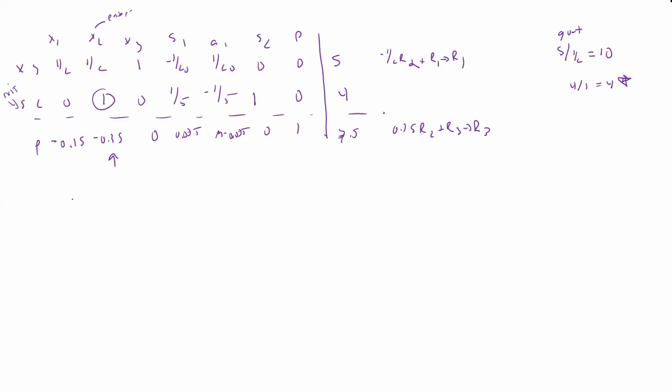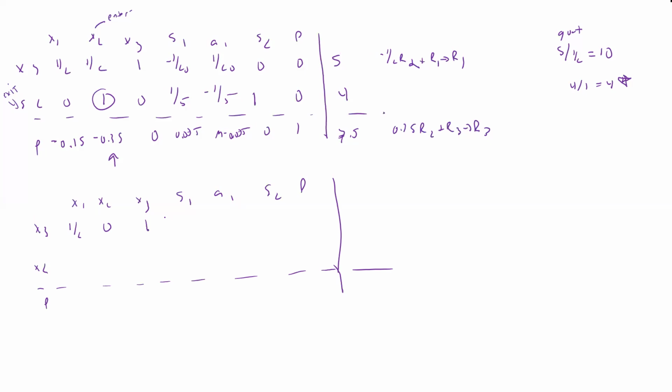Okay. And so this one enters and this one exits. And so now I have x1, x2, x3, s1, a1, s2, p, and we have now x3, x2, p. All right, so first row doesn't do much except for a half of that plus that, so it's gonna be what? It's gonna be half. That's gonna be a 0. It's gonna be a 1.